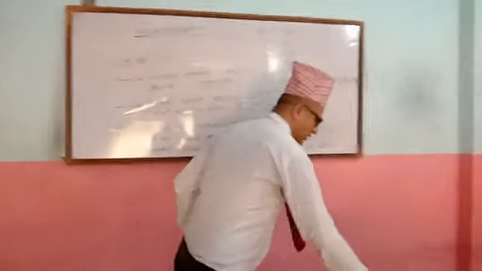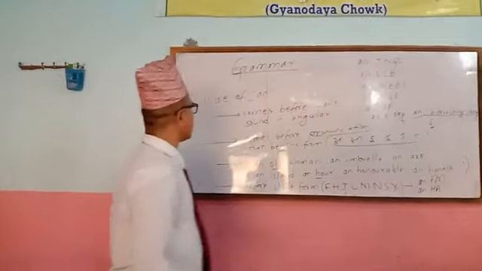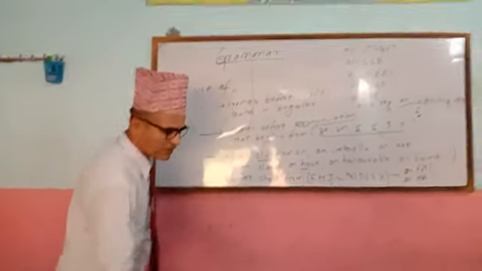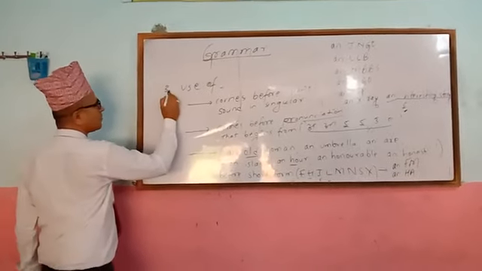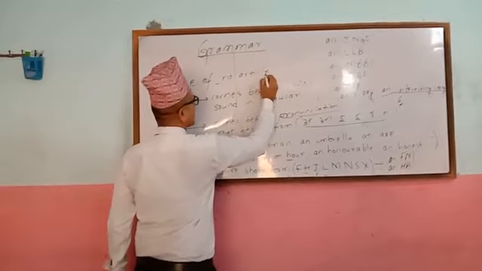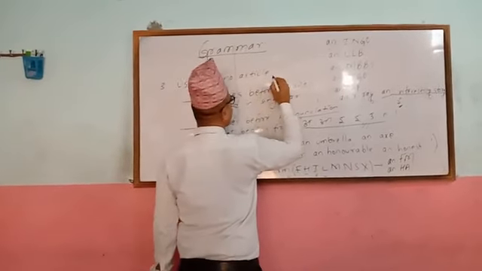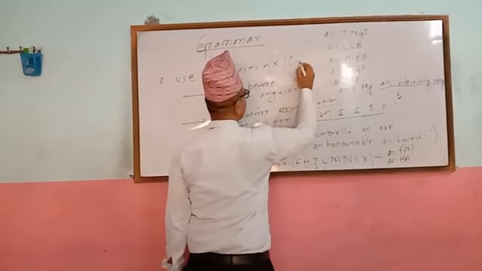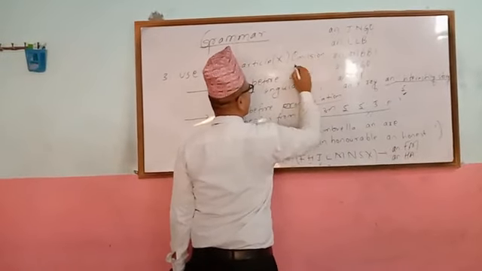Right? And now let us know the use of no article, omission of articles first, okay? It's the use of no article, or what we call omission of articles. We can use a cross, this is called omission of articles.